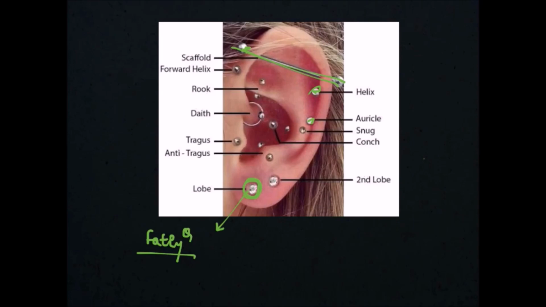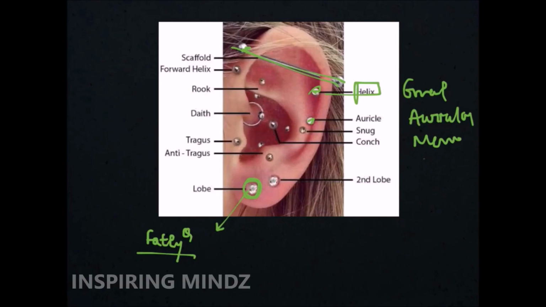If I want to do piercing on the tragus, which nerve will be anesthetized? Very simple, the auriculotemporal nerve. And if I want to do the piercing in the helical region, then the great auricular nerve will be anesthetized. So this is the concept you must remember.